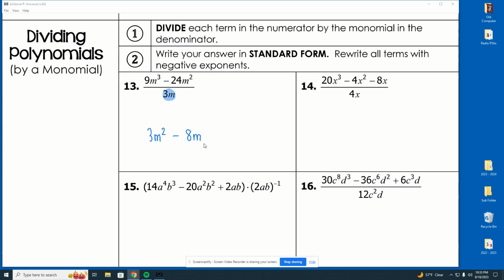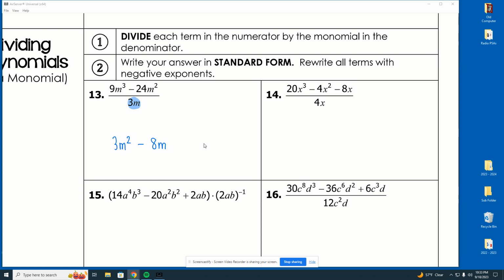Look at number 14, and we'll call it a day. We're going to do everything in the numerator gets divided by 4x. What's 20 divided by 4? That's 5. How about x cubed divided by x? Well, that's x squared. Negative 4 divided by 4 is negative 1, and x squared divided by x is x.